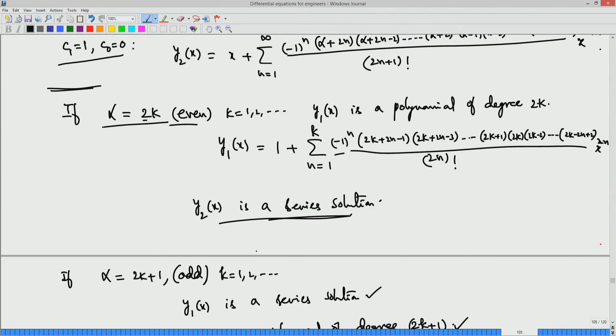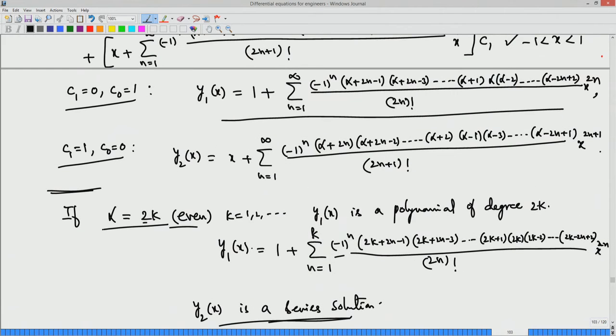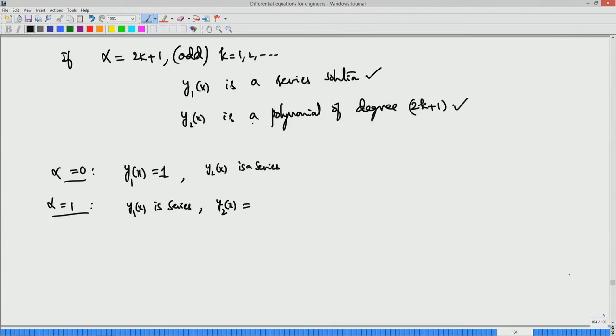You can look at this y2 when alpha equal to 1. All the terms involving alpha minus 1 will be 0, so you have y2 is actually x. Like this, you can get alpha equal to 2 and so on.